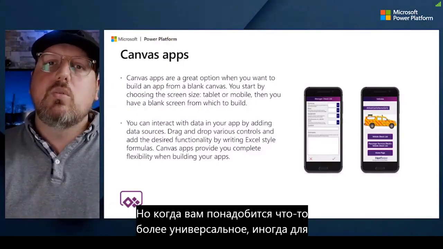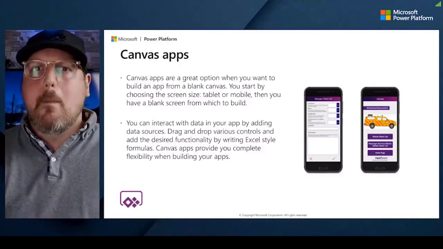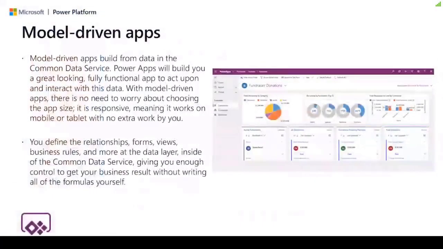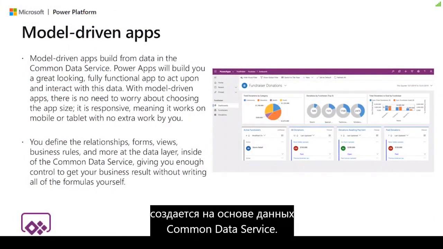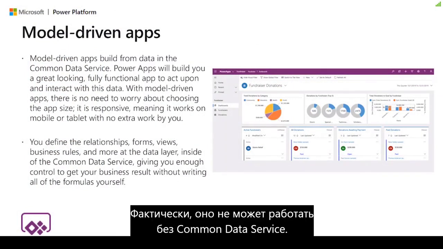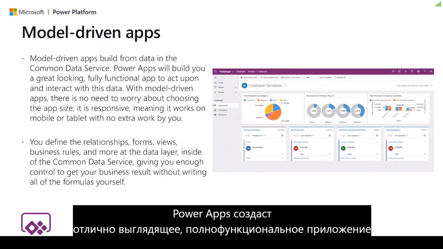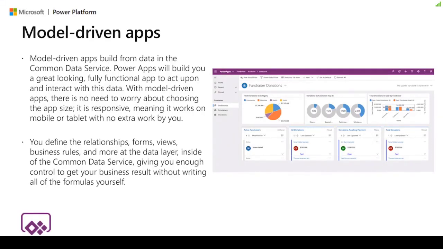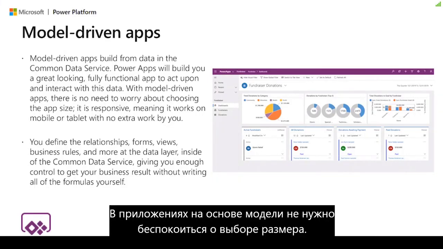But when you need something a little more comprehensive, sometimes for back-end scenarios, then you'll move to model-driven apps. The model-driven app allows you to build from the data in the Common Data Service. In fact, it will not work without the Common Data Service. So Power Apps will build you a great-looking, fully functional app to act upon and interact with this data. With model-driven apps, there's no need to worry about choosing an application size.